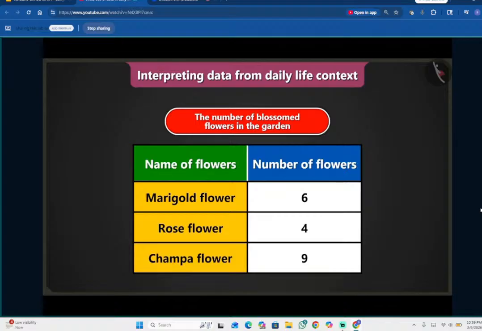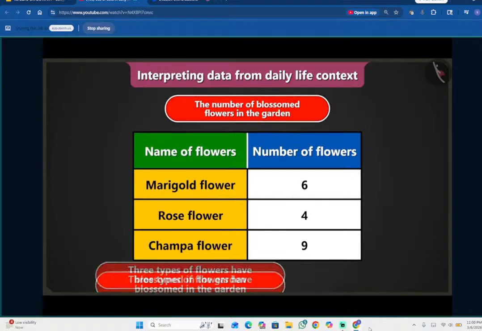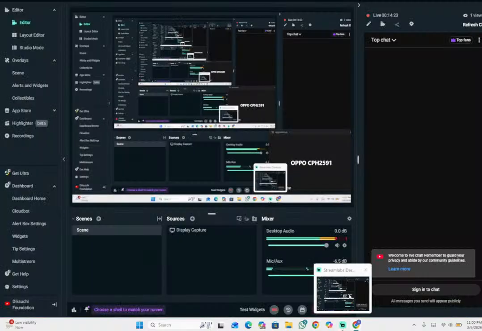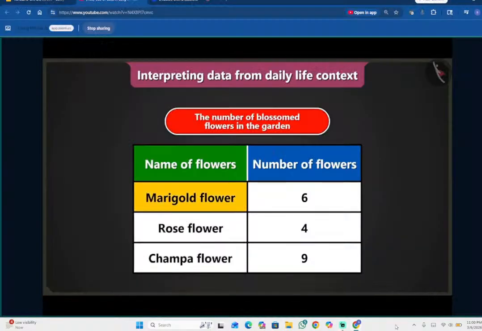In the first column, the blossomed flowers in the garden are written. Come on, read those. The names of the flowers are marigold flower, rose flower, and champa flower. From this data, we can know that 3 types of flowers have blossomed in the garden. Yes, first is marigold flower, second rose flower, and third is champa flower.